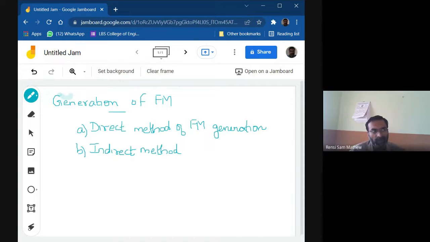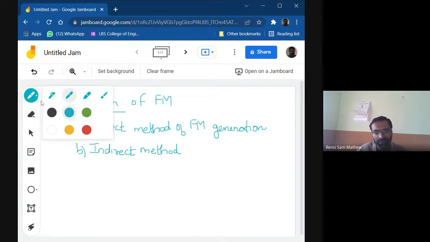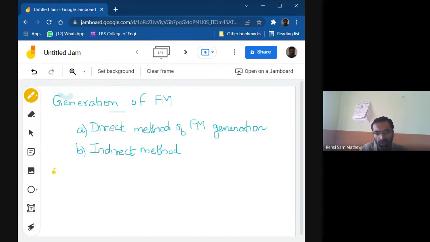And what we see is, we have to generate the signal. So in general electronics, this is maybe a general thing that I'm telling you. Generally, we use oscillators.